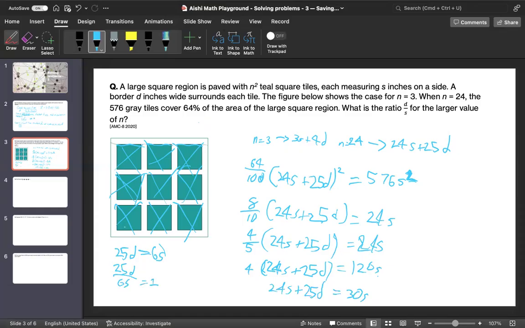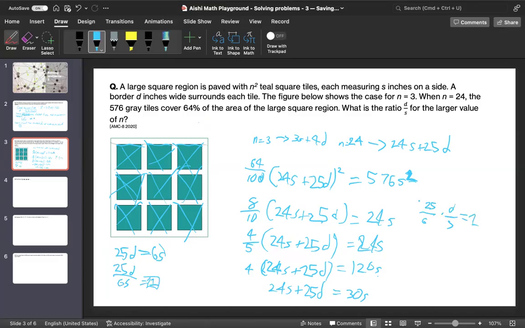But here's the catch. This isn't our answer because it asks for d by s. If it had asked for 25d by 6s, our answer would have been 1. But we need to find out d by s. So to make this a bit simple, we can write this as 25 by 6 times d by s is equal to 1.